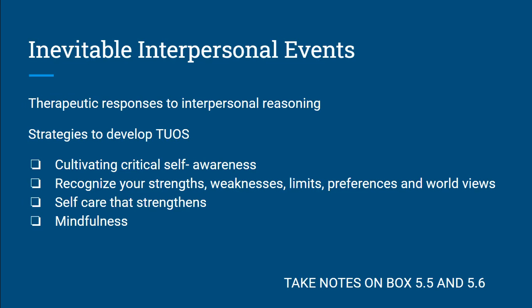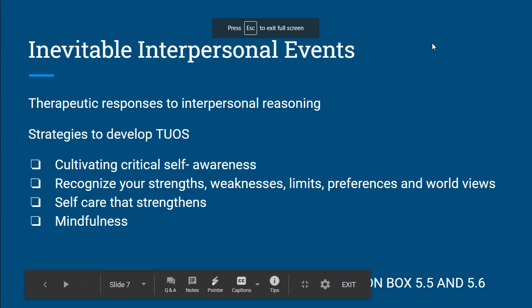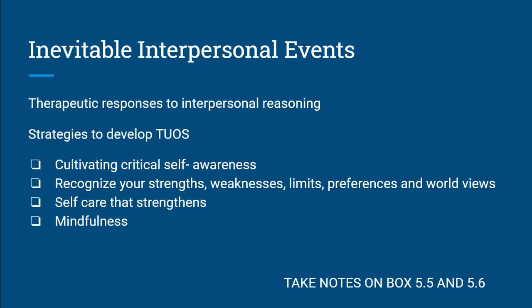So an inevitable interpersonal event is a communication, a reaction, a process, task, or general circumstance that occurs that has the potential to negatively impact the relationship. So again, this is just the potential, but an inevitable interpersonal event has the potential to mess with that relationship.